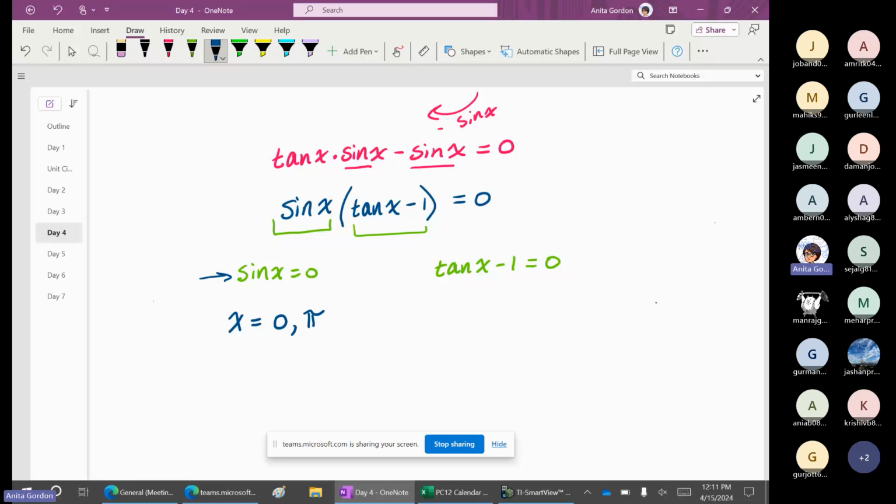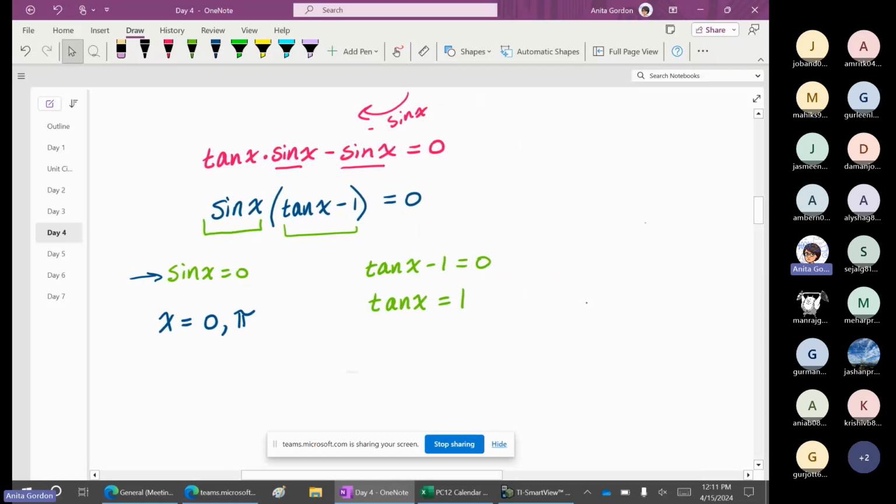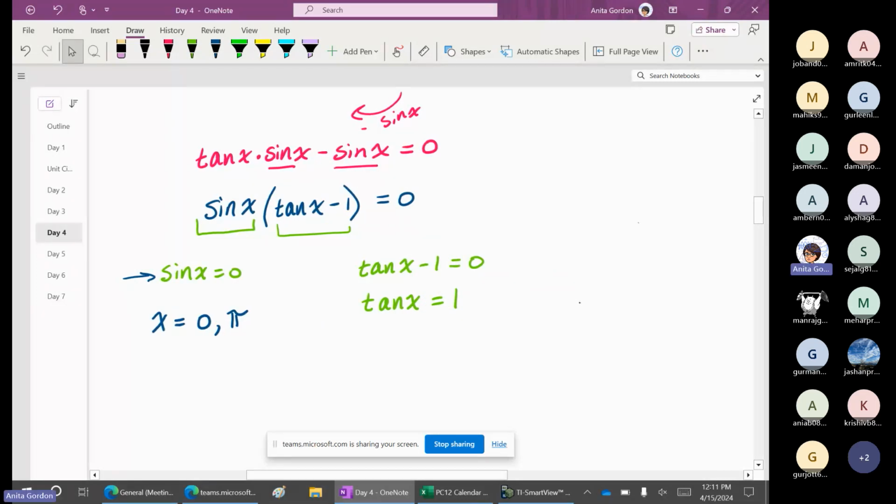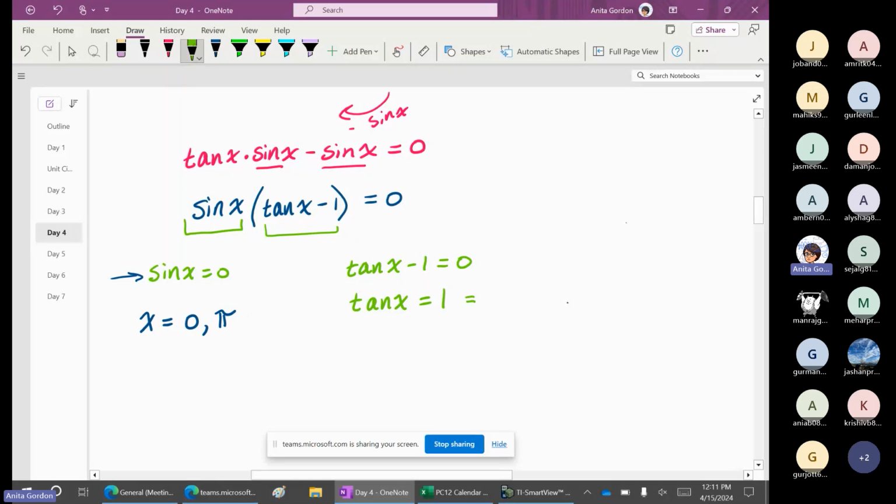Okay, so let's take a look at tan x minus 1. That's not a finished product there. That's not a finished equation. I remember I want to isolate x. What could I do here? I want x by itself. I can move the 1. Tan x equals 1. Okay, two ways to think about this. Either I'm going to say this is opposite over adjacent, and they have to be the same.